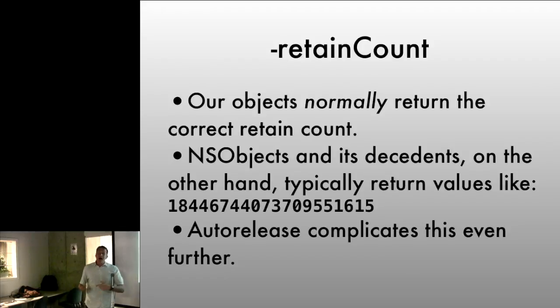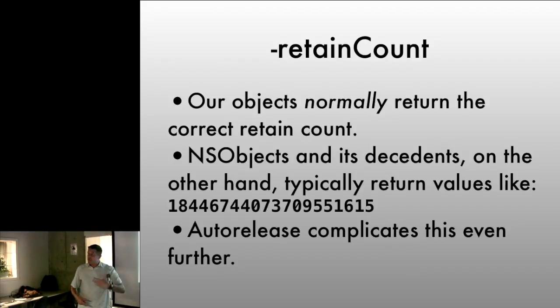And your objects normally return the actual retain count of that object. So if you do an allocate and a retain and then another retain, and you call retainCount on your object, you should get back 3. Do a release, get 2, release, 1, release. You can't call retainCount again, or your program will crash. And you'll see some of that today in the lab.